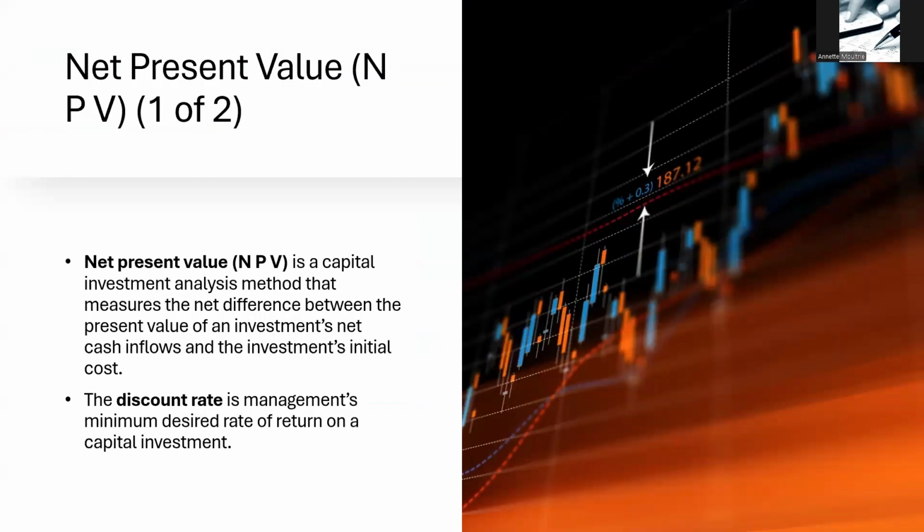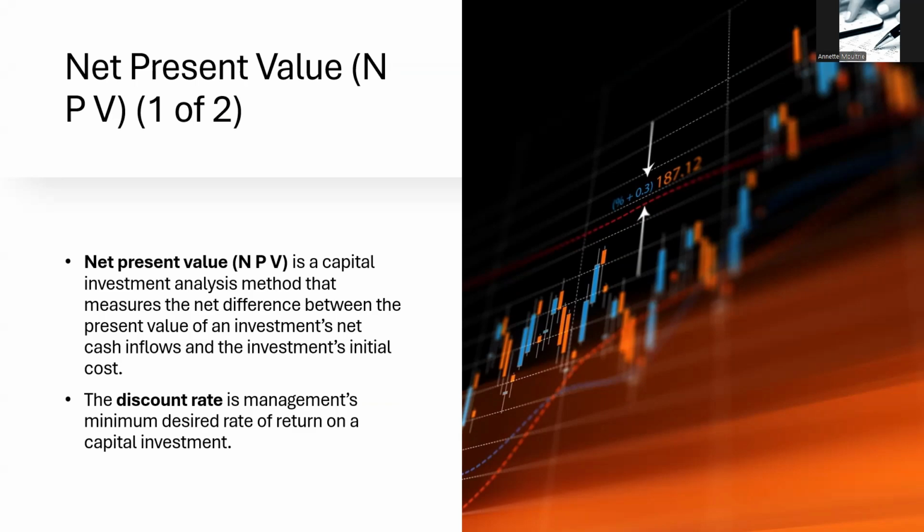Net present value. Now, if the present value of an investment's net cash inflows exceeds the initial cost of the investment, that's a good investment. So in terms of our earlier lottery example, the lottery ticket turned out to be a good investment because the present value of its net cash inflows, meaning the present value of the lottery payout under any of the 3 payout options, exceeded the cost of the investment.